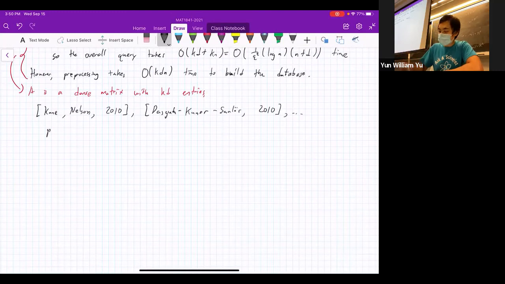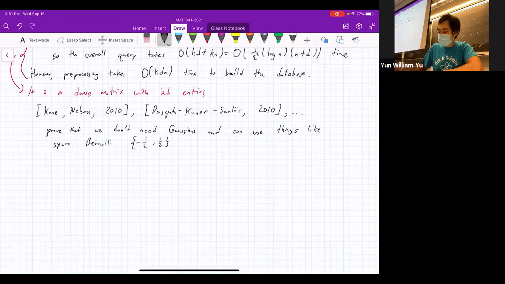What they did is they proved that we don't need Gaussians, and can use things like sparse Bernoulli plus or minus 1 matrices instead.